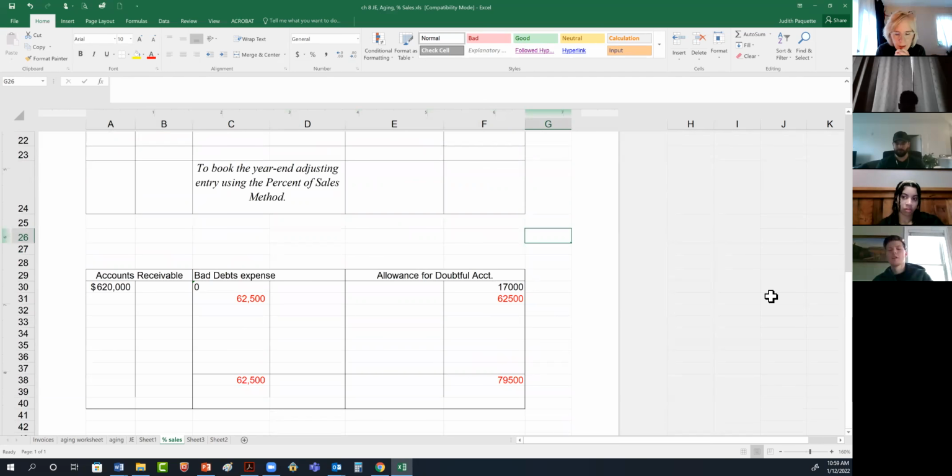Now, I was in a breakout room just now, and the question came up, well, shouldn't they come up with the same answer as the previous page? No, this is like LIFO versus FIFO. You're using different methods. You just have to be consistent, and you have to have a reason for why you think 2.5% of your net credit sales are uncollectible.